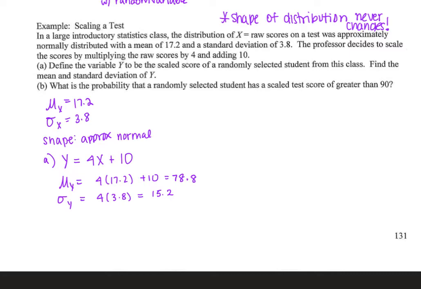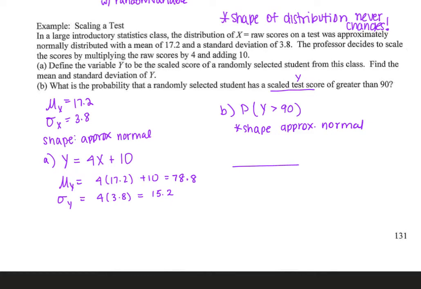And now we're going to calculate what is the probability that a randomly selected student has a scaled test score, so that's y, greater than 90. Now remember, the shape was approximately normal. That should have been your clue early on that we were going to be doing probabilities with normal CDF.